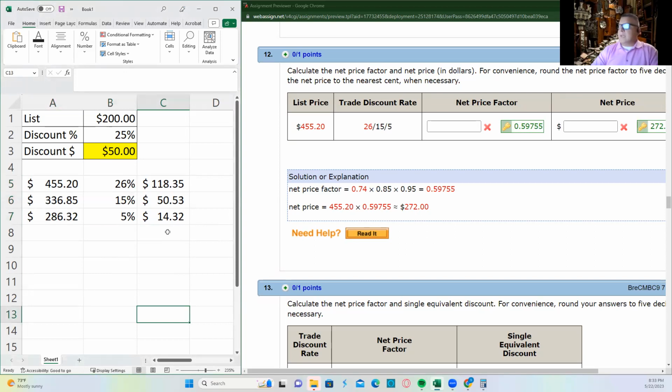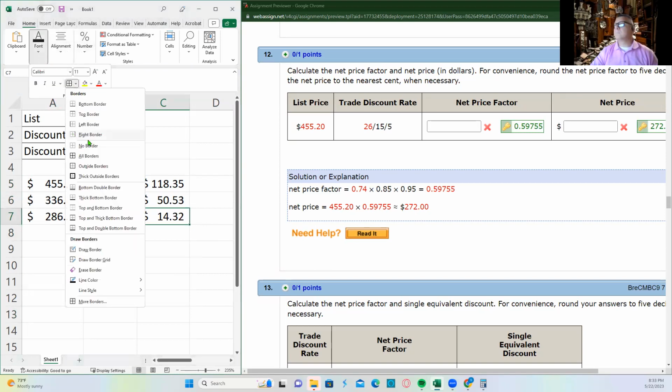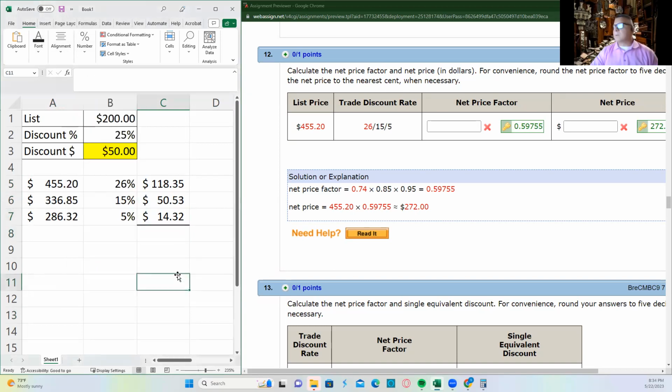Okay. And this total here, if you total these three things up, you get a total discount of $183.20.